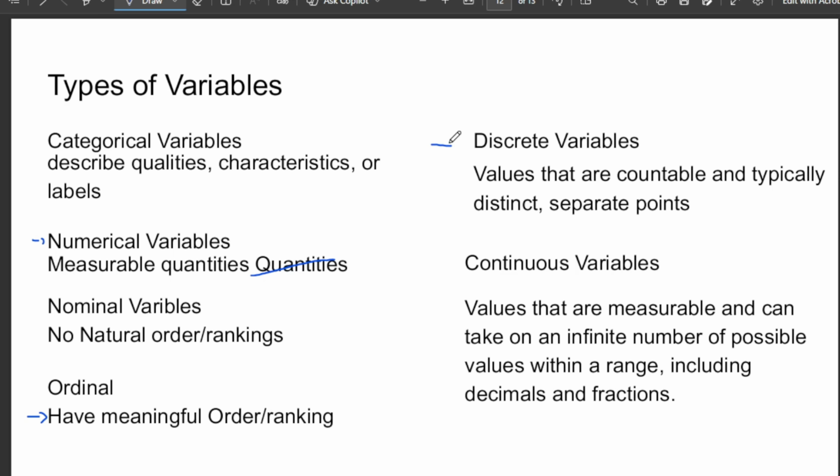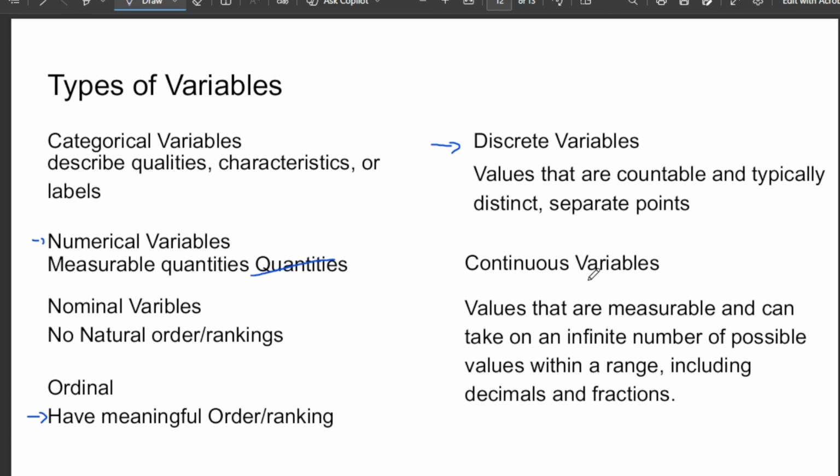And how about discrete variables? An example is the number of goals scored in a soccer match. Values that are countable and typically distinct, separable points, so it's not continuous. That's the next thing.